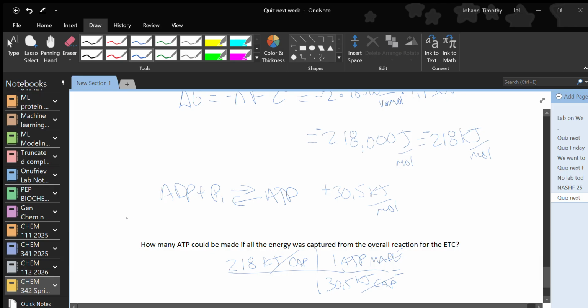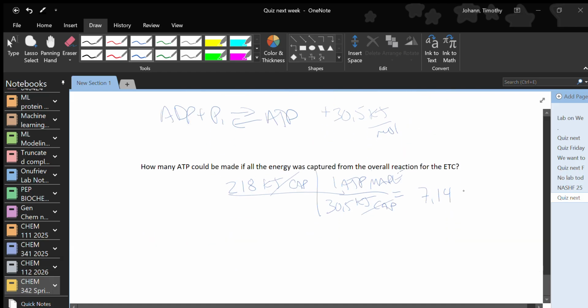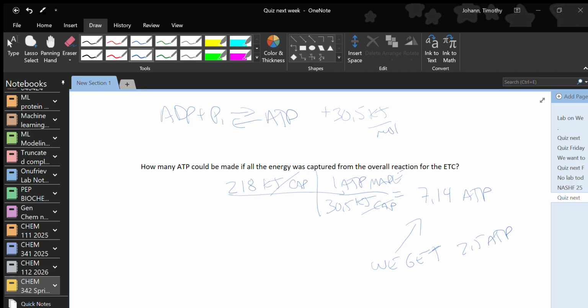How efficient is this process? How many ATP do we actually get from it? 2.5. Right? So we get 2.5 ATP in reality. So if I take 2.5 and divide it by 7.14 and multiply by 100, I get 35%.